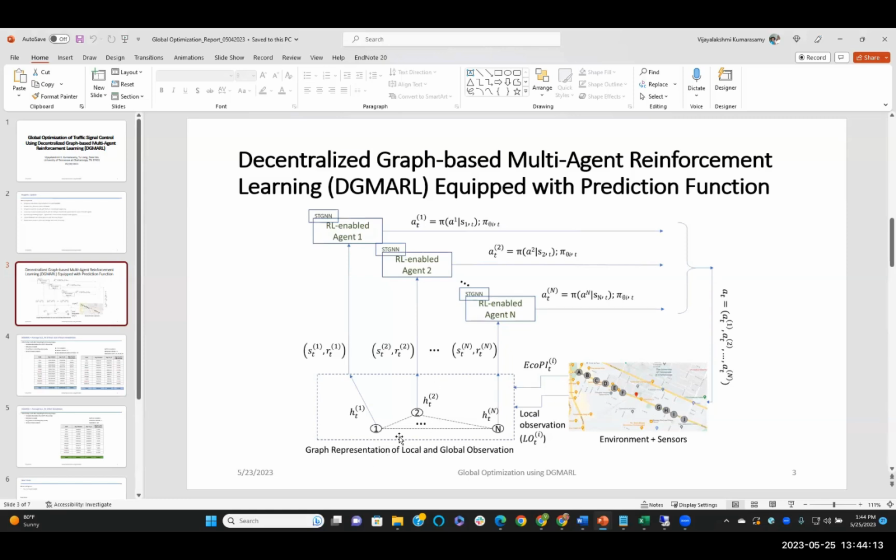Our model uses a graph neural network with reinforcement learning. We first take the model of the road network and build it into graph format, and then tie each intersection to an individual node. That individual node we call a reinforcement learning agent. So each intersection is tied to an RL agent, and they observe the local traffic information, which is called the state, and feed it to the model.